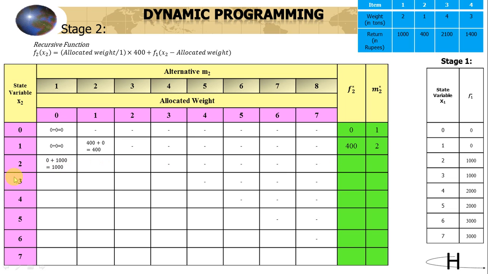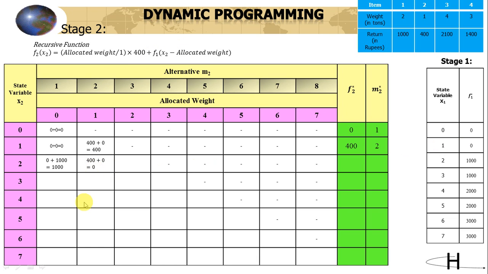Now with respect to x2 equal to 2, when we allocate weight 1, the value of the recursive function will be allocated weight 1 divided by 1 multiplied by 400, so it will be 400 plus f1 of x2, that is 2 minus allocated 1, that is 1, so 2 minus 1 it is f1 of 1, it is 0, so 400 plus 0 it is equal to 400.